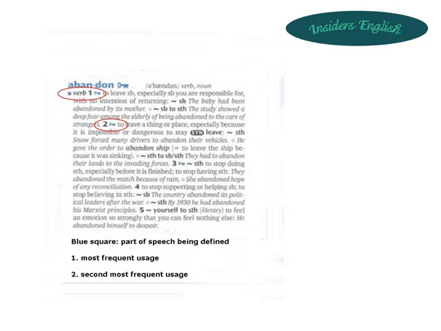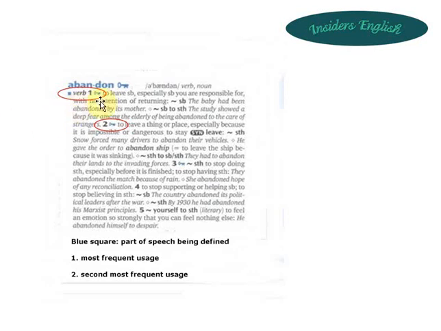Now, we have the word abandon and we have this little blue square. The blue square tells you which part of speech is being defined. Remember, abandon can also be used as a noun. However, in this entry, they're going to tell us about the verb form.